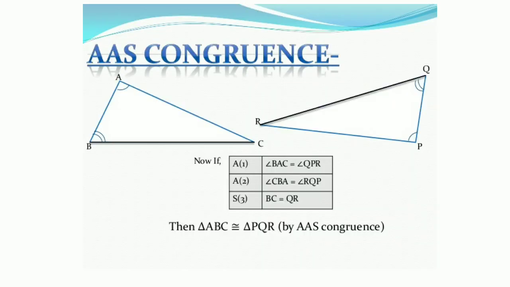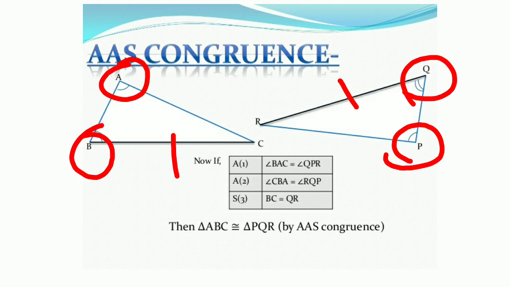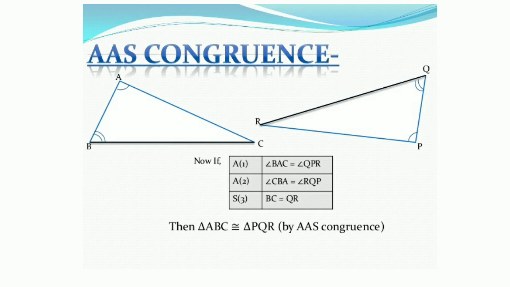Then the next criteria, the AAS congruence rule. What is AAS? Angle, angle, side. That means in two triangles, two angles and a consecutive side are equal in both triangles, so we can say these two triangles are congruent.